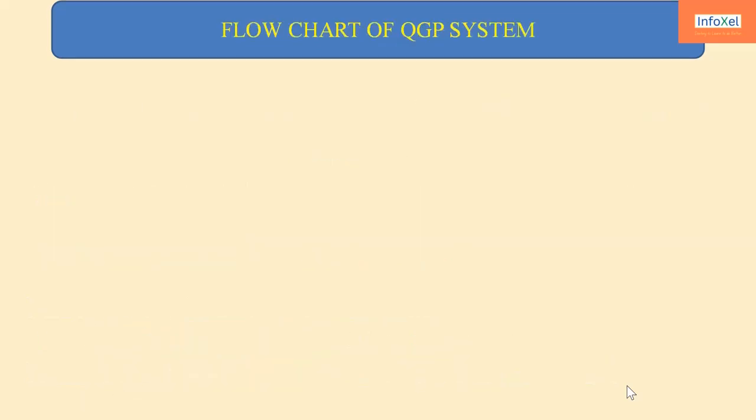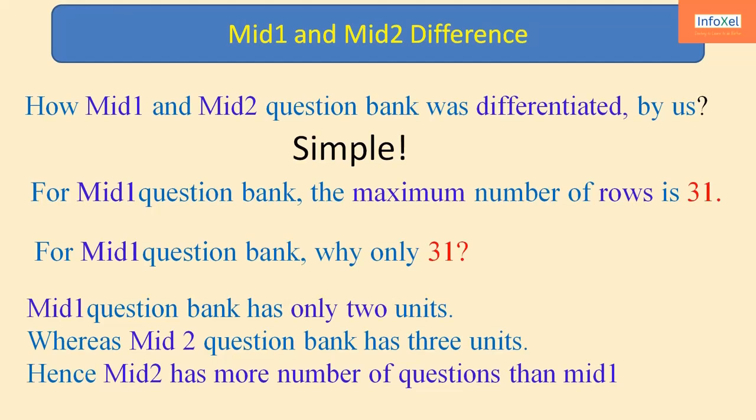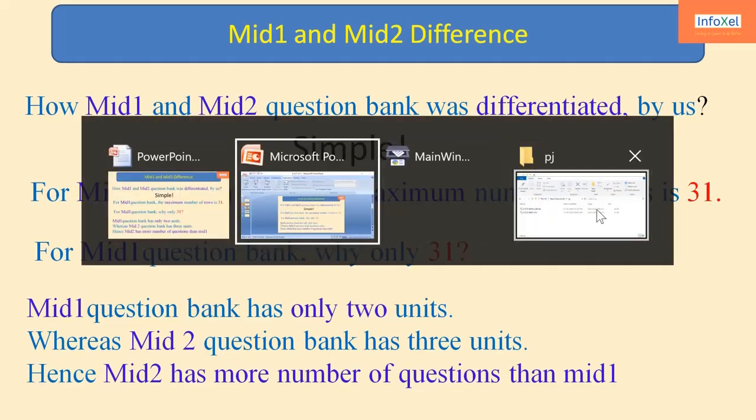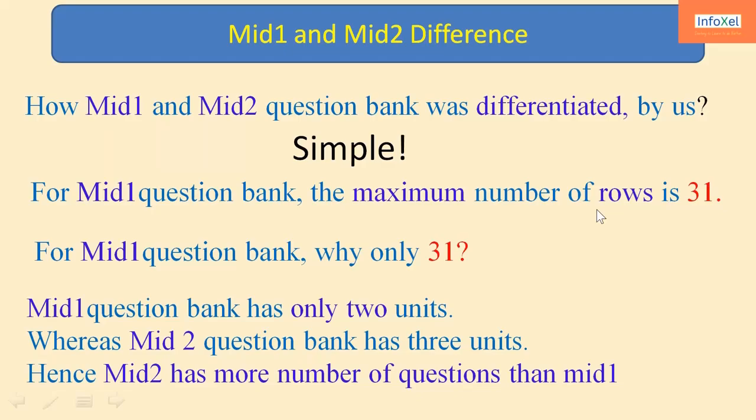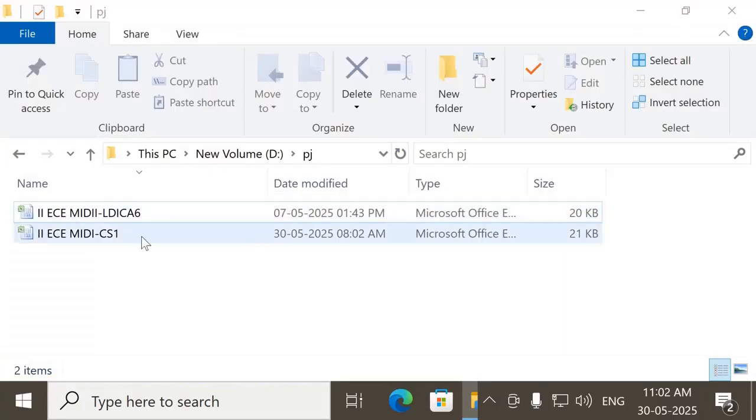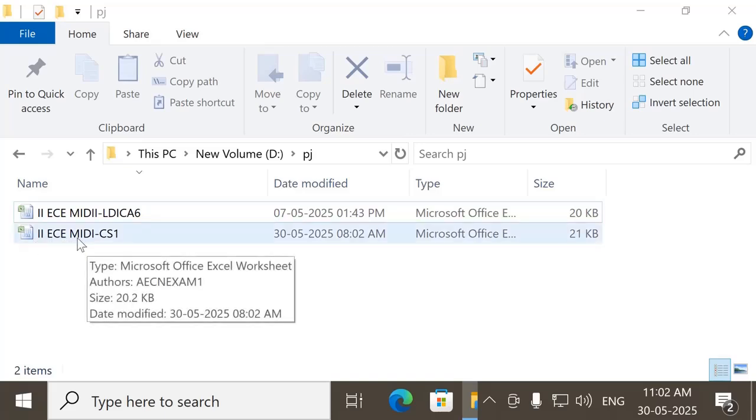So next we will see the flowchart of the QPG system. But before I discuss the flowchart, let me show you one thing. Let me show the differences between mid-1 and mid-2. In mid-1, this is the second ECE mid-1 question bank.